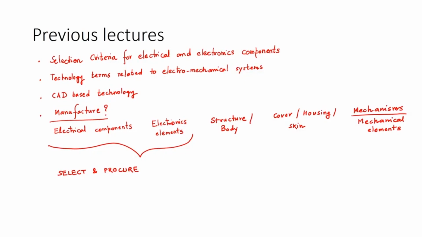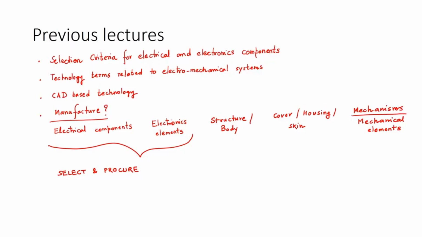In the previous class we have seen the criteria in detail. In today's class we will be studying how to manufacture the mechanical elements. In these mechanical elements, some of the elements are possible to have in a ready-made format, no need to manufacture them in-house. But some of the elements are to be designed and manufactured in-house. These are the customized parts required to build our automated manufacturing system.